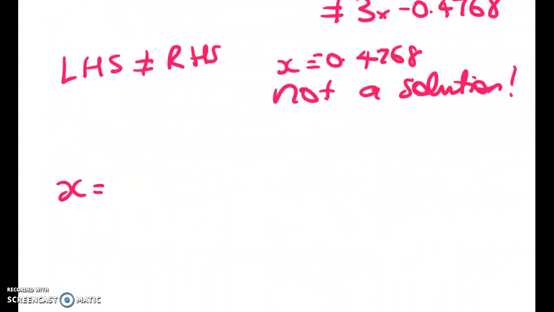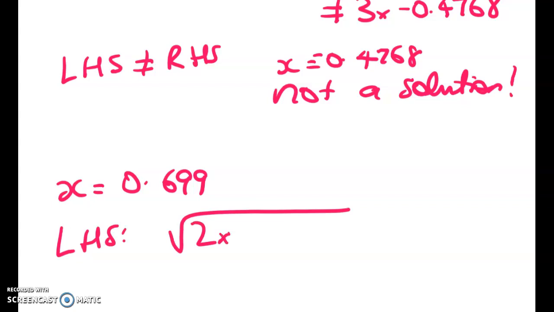So let's try x is equal to 0.699. When we substitute that in, on the left-hand side, we get this. Now, I did this, but I stupidly didn't write down what came out of my calculator. Let me just have a wee look.